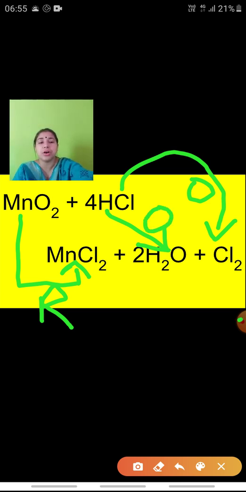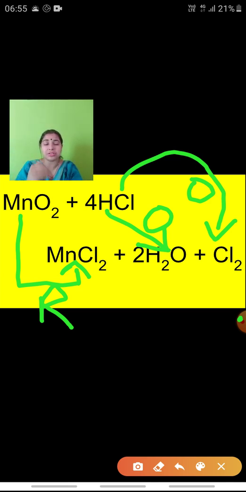So you all can now see that manganese dioxide gives oxygen, converts into MnCl2. Giving of oxygen is reduction. HCl converts into Cl2. That means hydrogen is given. Giving of hydrogen is what?